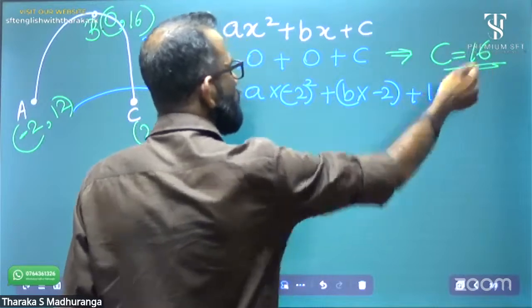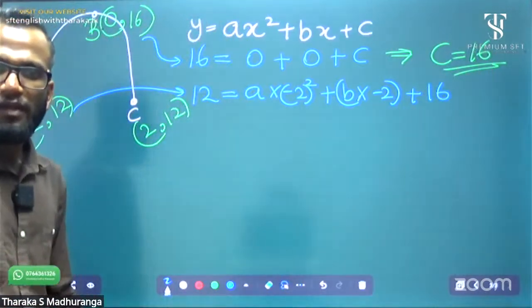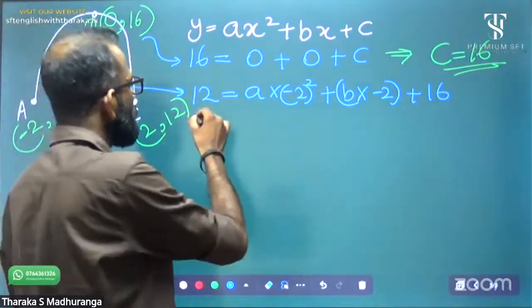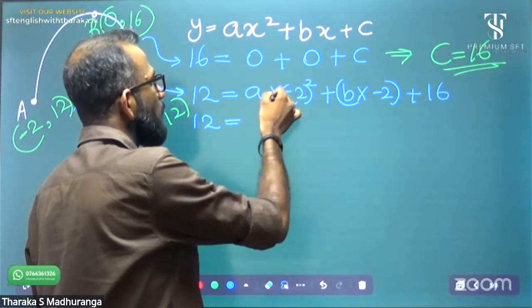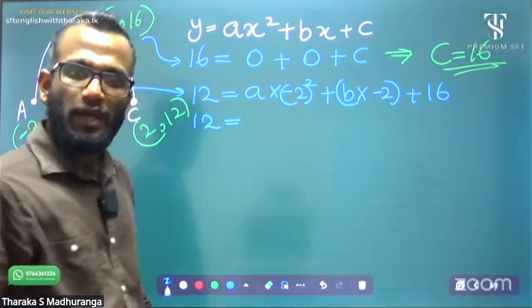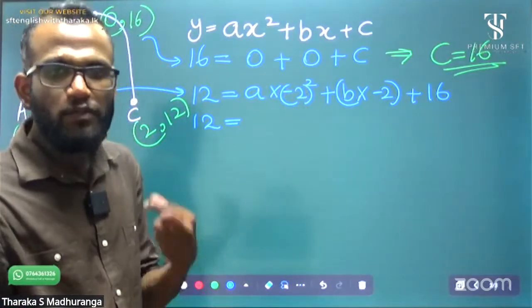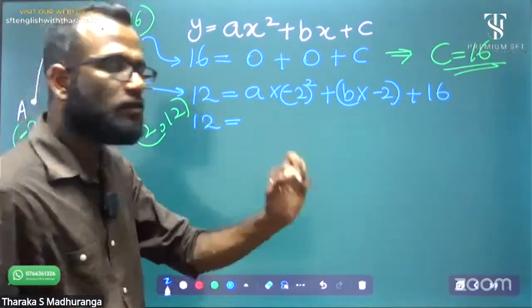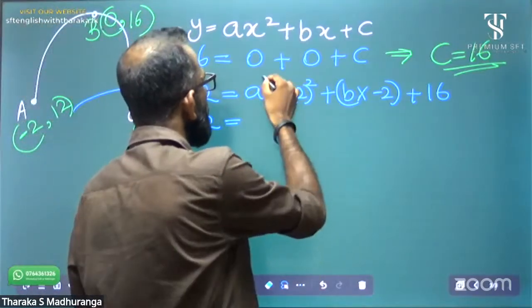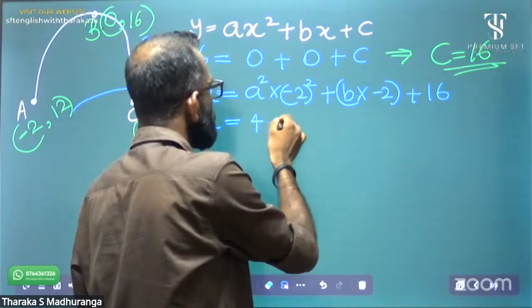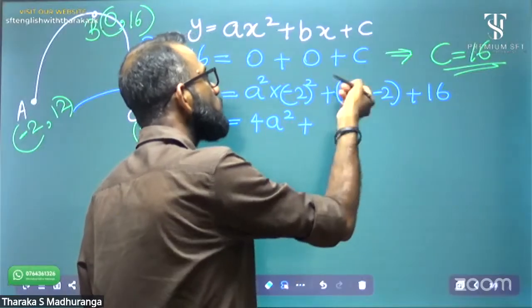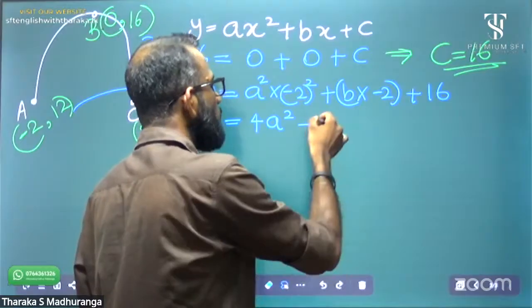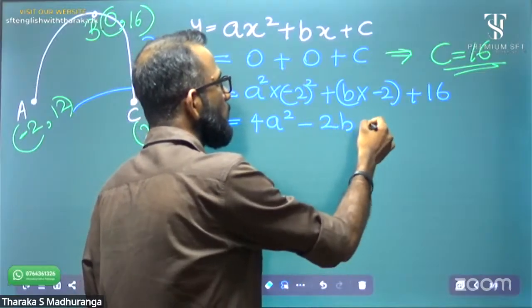The c value 16 you already found, right? Now 12 equals a times minus 2 squared. Minus 2 squared means minus 2 into minus 2, that is 4. So 4a plus minus 2b, therefore it is minus 2b plus 16.